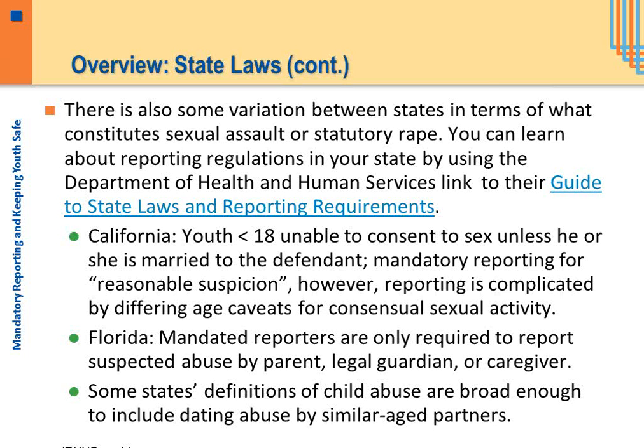So in California, mandated reporters are only required to report consensual sexual activity involving minors under specific circumstances, such as when a victim is under the age of 16 and a perpetrator is at least 21.